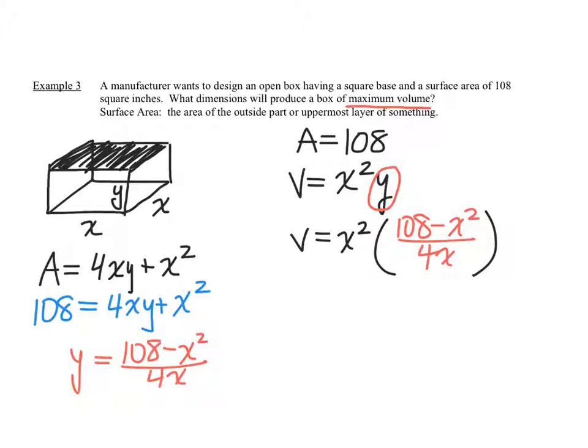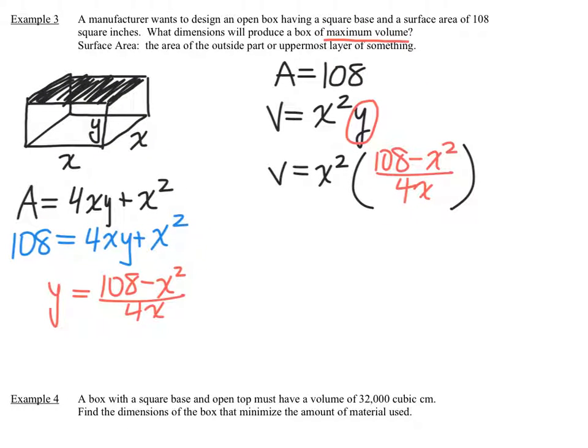Since we're going to be taking the derivative, it's in our best interest to simplify this a little bit. Otherwise you'd have to take the derivative of that, which would involve product rule and quotient rule. The only thing it wouldn't have is chain rule, but it's still not something we're eager to do.